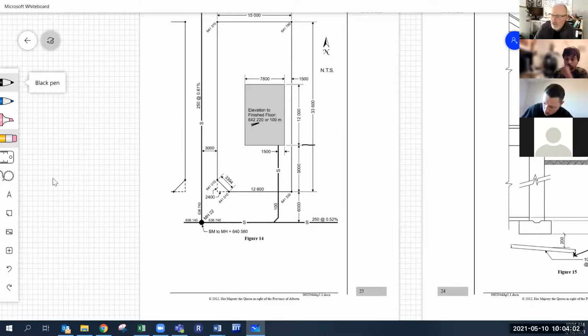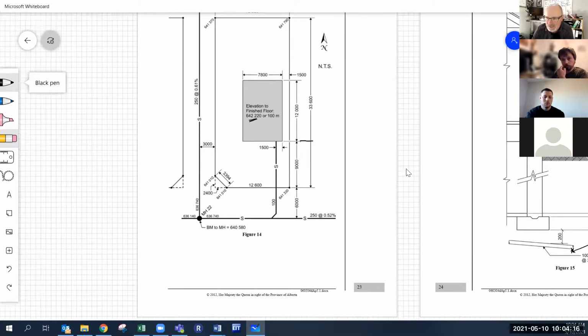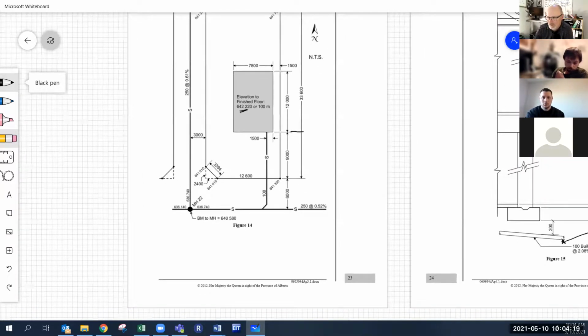Next question on the list says, what is the difference in invert elevations between the main sewer and the building sewer where they connect? I can go back and do something different, but what we'll do is we need the invert elevations.